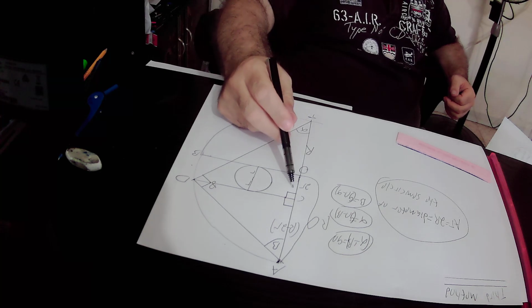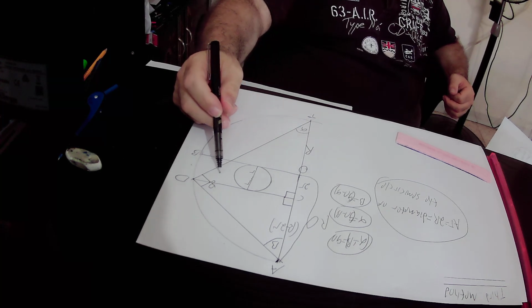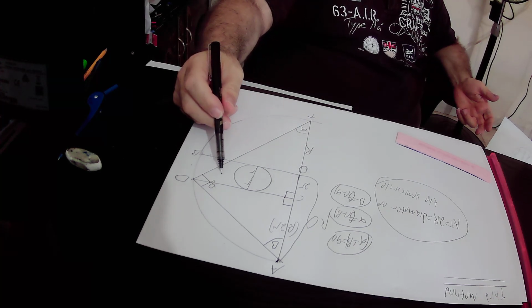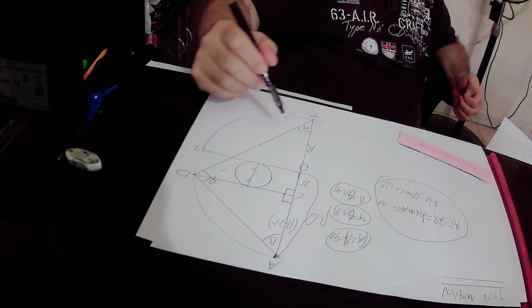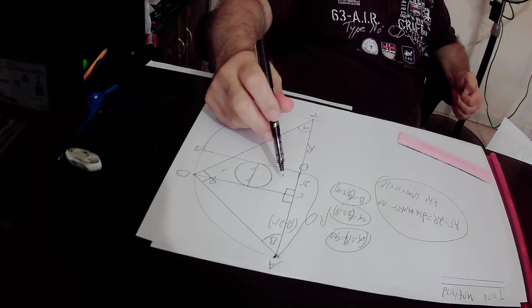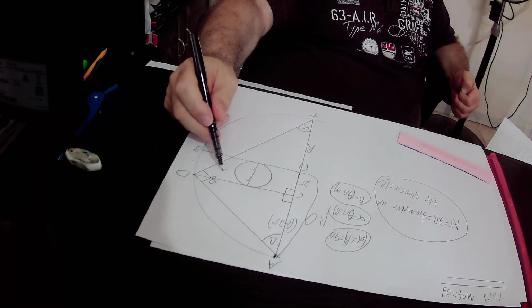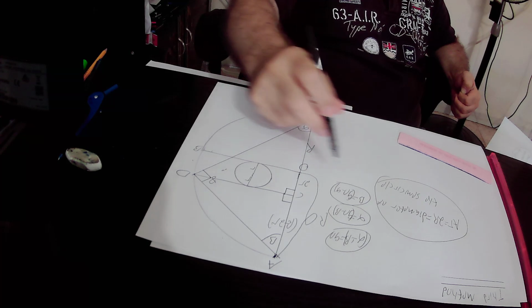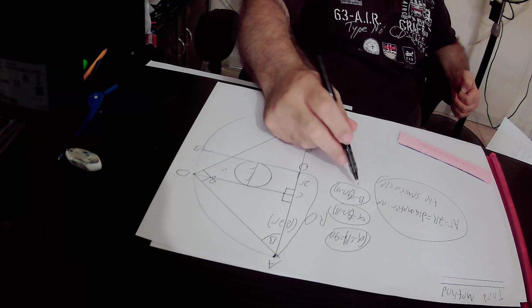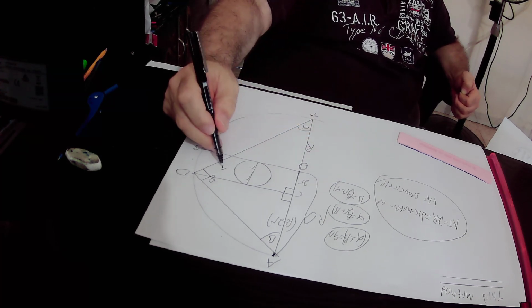This angle equals 90 degrees, therefore the missing angle must be equal to 90 degrees minus alpha. Why? Because 90 degrees minus alpha plus alpha is 90 degrees, and 90 degrees plus 90 degrees is 180 degrees. So we found out that the missing angle here equals 90 degrees minus alpha, but we have already found out that 90 degrees minus alpha equals beta, so we can write here that this angle equals beta.